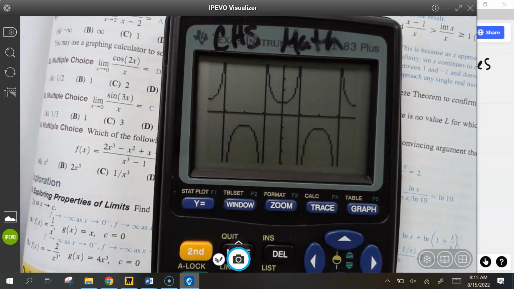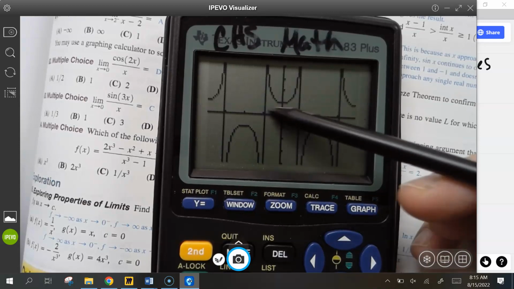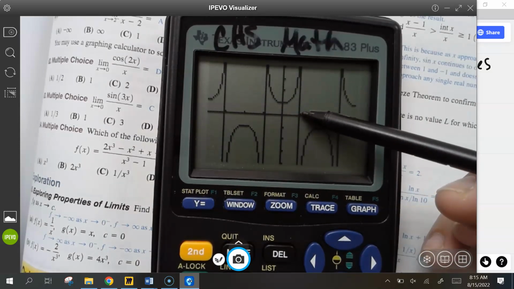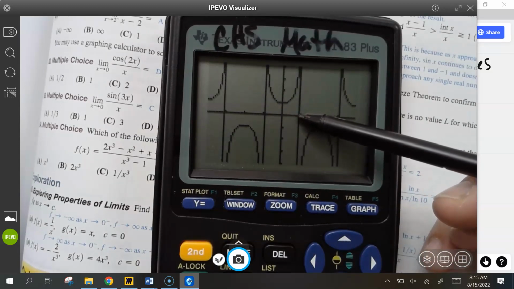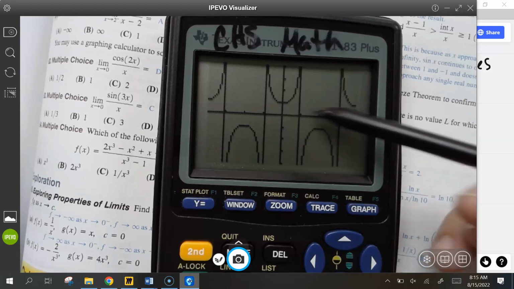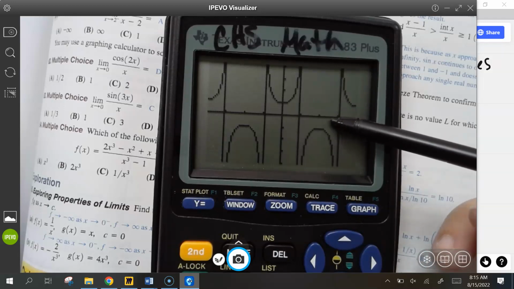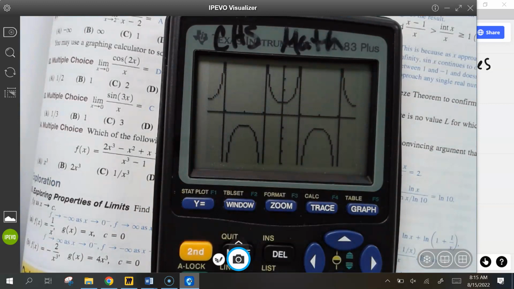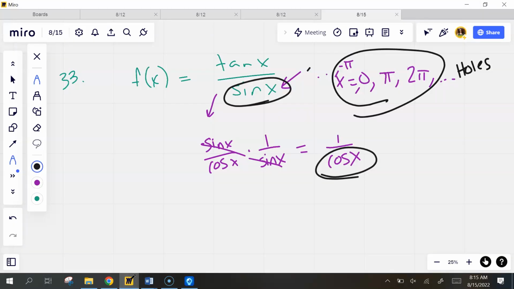It's not actually happening at every pi, it's happening at every, well, it's pi across, but what is that? Half pi. 3/2 pi. Because that's where cosine x equals 0, right?